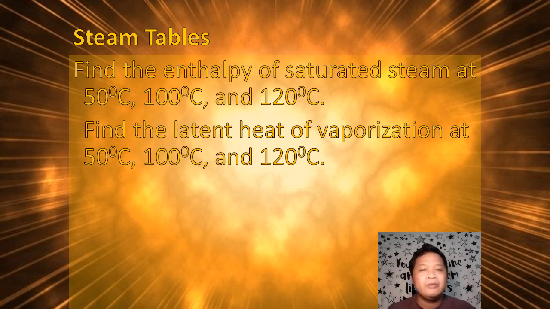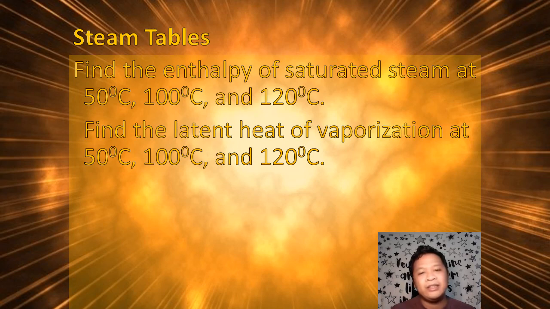Anyway, when you have steam table, so itong exercises natin pwede nyong gawin. First is to find the enthalpy of saturated steam at 50, 100, and 120 degrees Celsius. So kung yung temperatures na yan ay nandun na mismo naka-indicate sa leftmost column, then you just have to find the enthalpy values HV there, no?